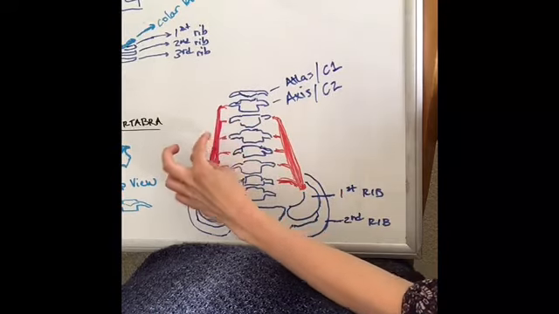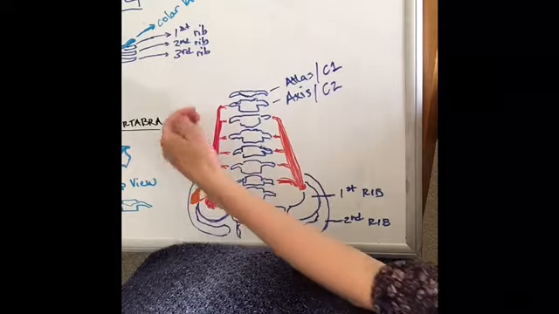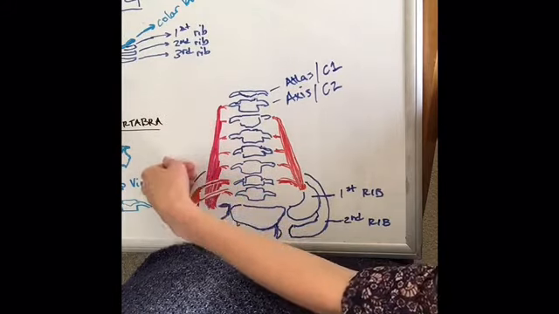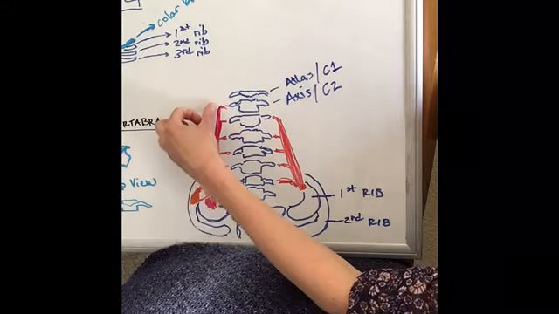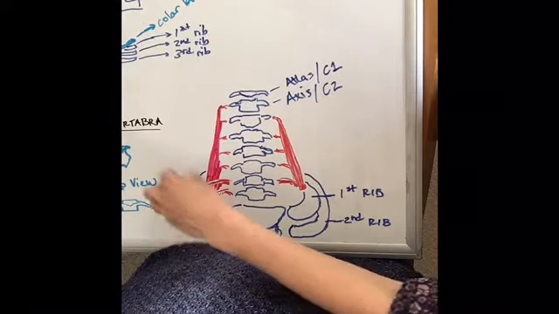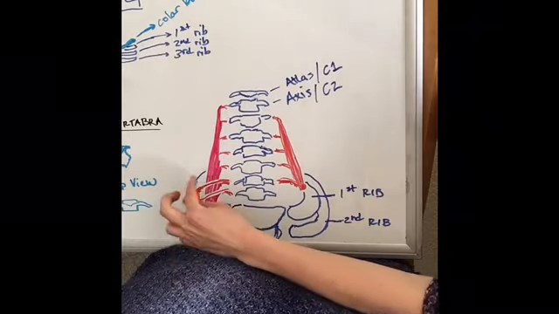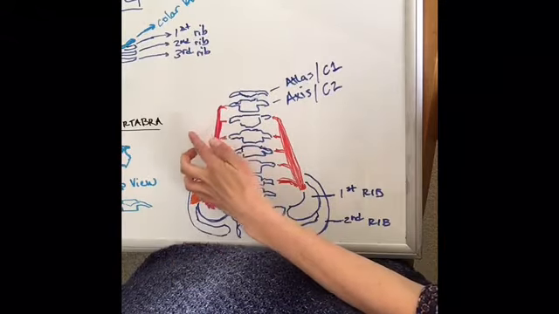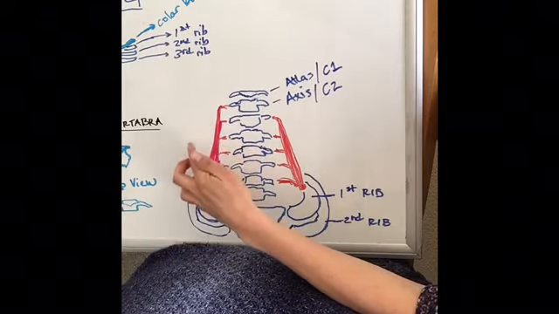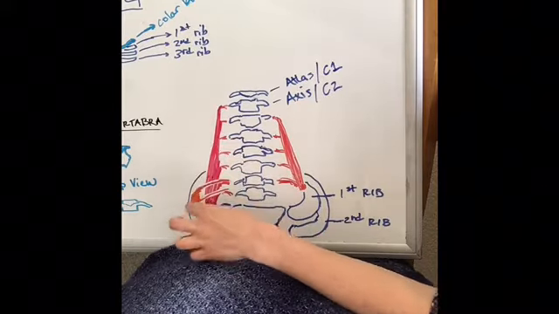These are your middle scalenes, so they're pretty lateral on the side. They connect from your second to your seventh cervical transverse processes and help pull your neck down to the side, turn a little bit.